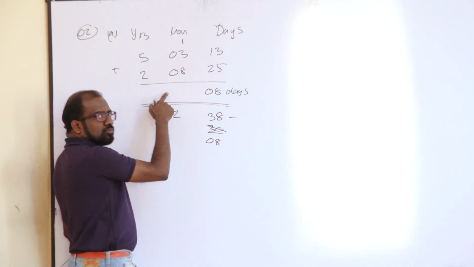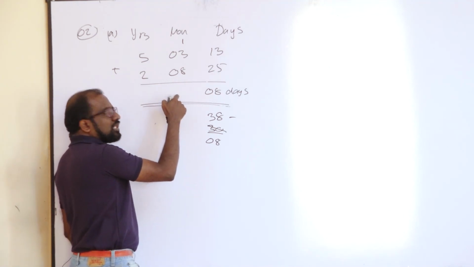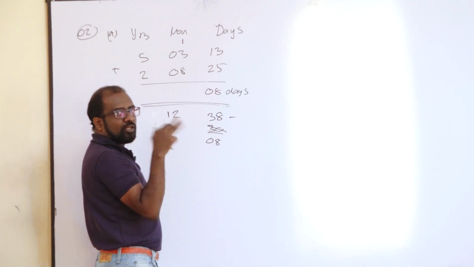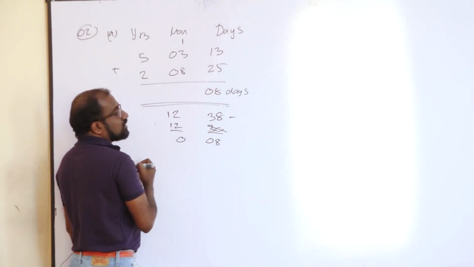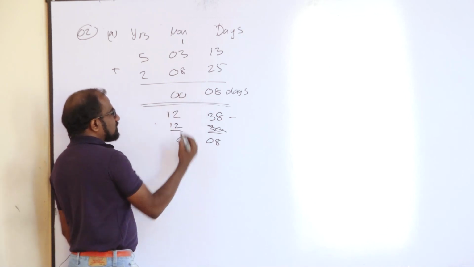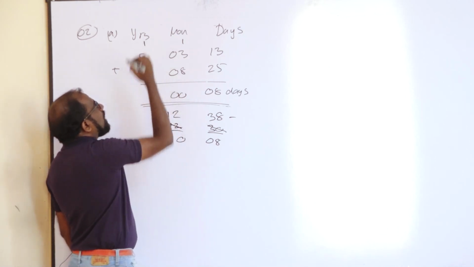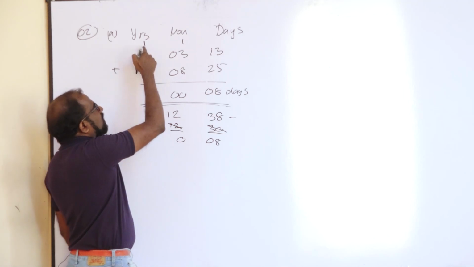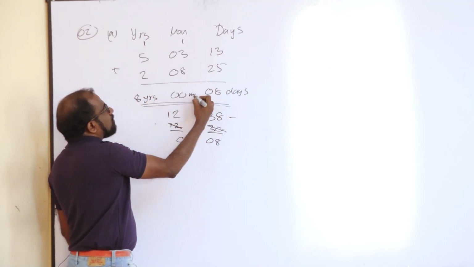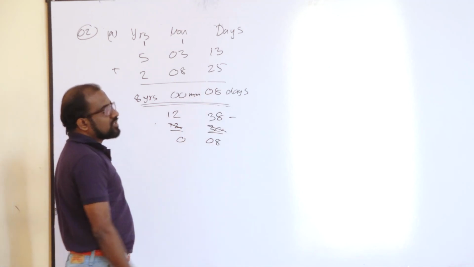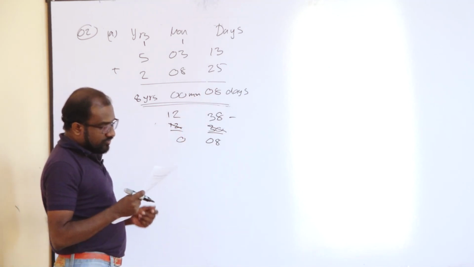No. The maximum number you can put in the month column is 11. At 12 months you can put 1 year. And now subtract 12. What is the answer? 0. There are no months. 12 months is equal to 1 year. 5 and 1, 6 and 2, 8 years. Months 0, 8 days. That's the answer.